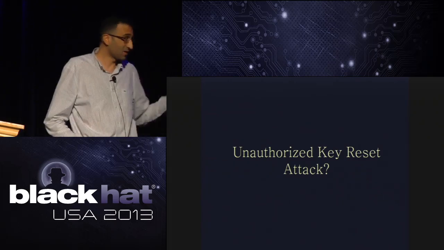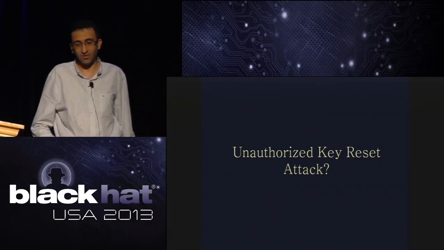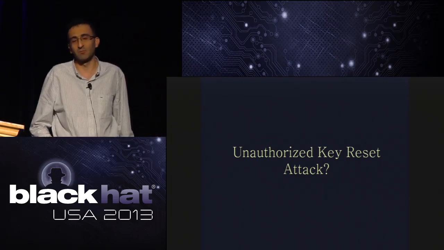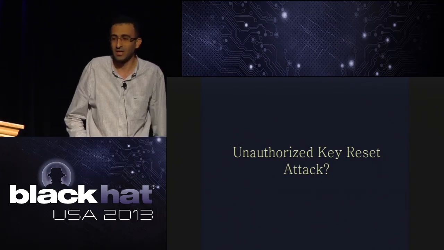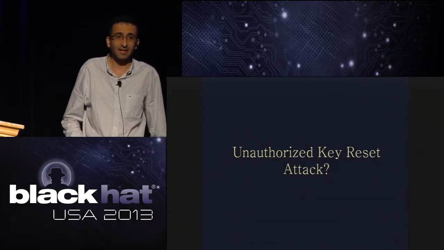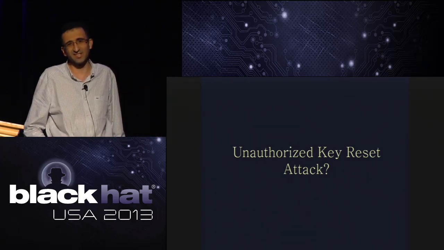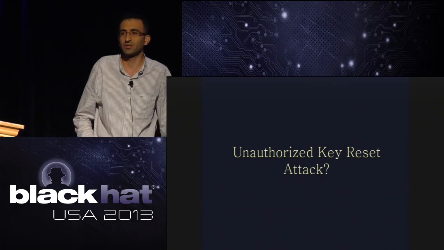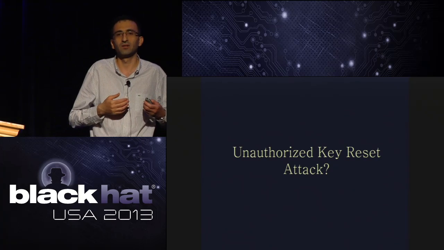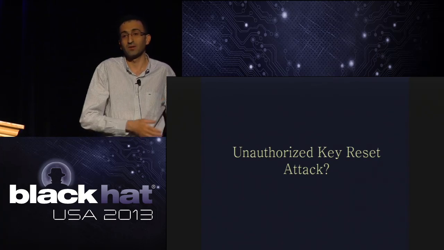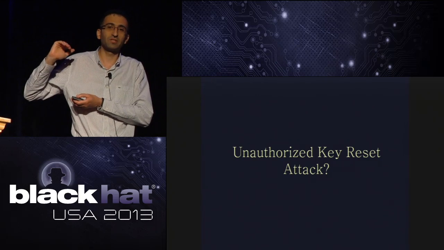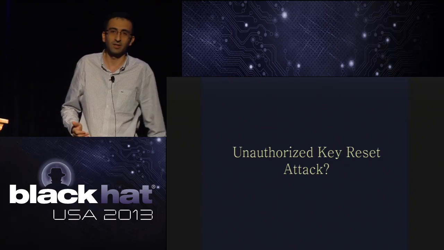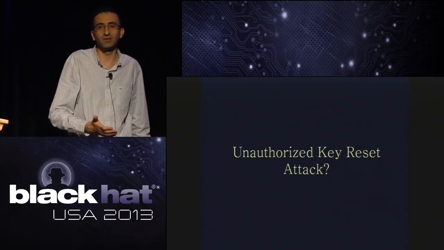Having access to those pieces of information, we thought that maybe it's possible to mount another, more useful and practical attack. We called it the key reset attack. The idea is that as this protocol does not have any kind of entity authentication, we can pretend to be the controller, knowing the information we derived, and run the key establishment protocol with the door lock and set our own key.